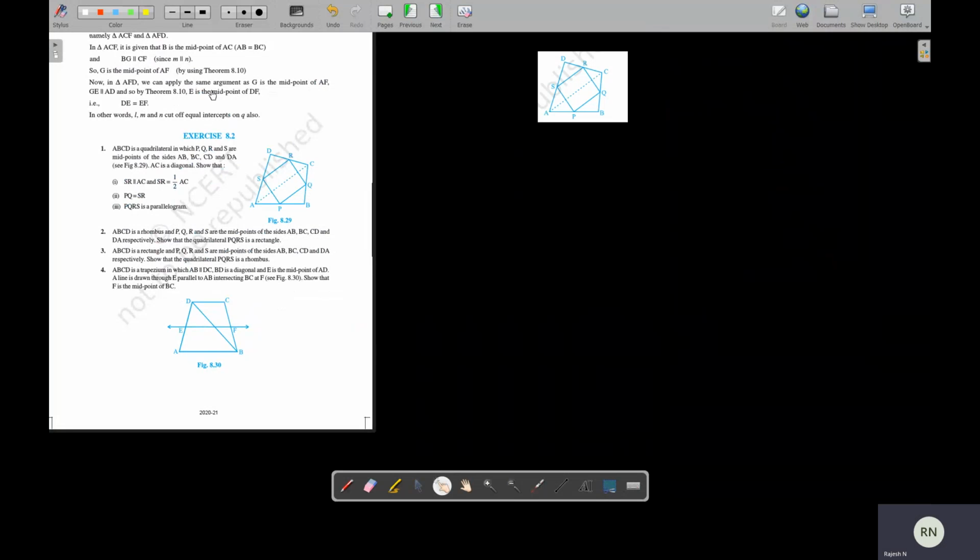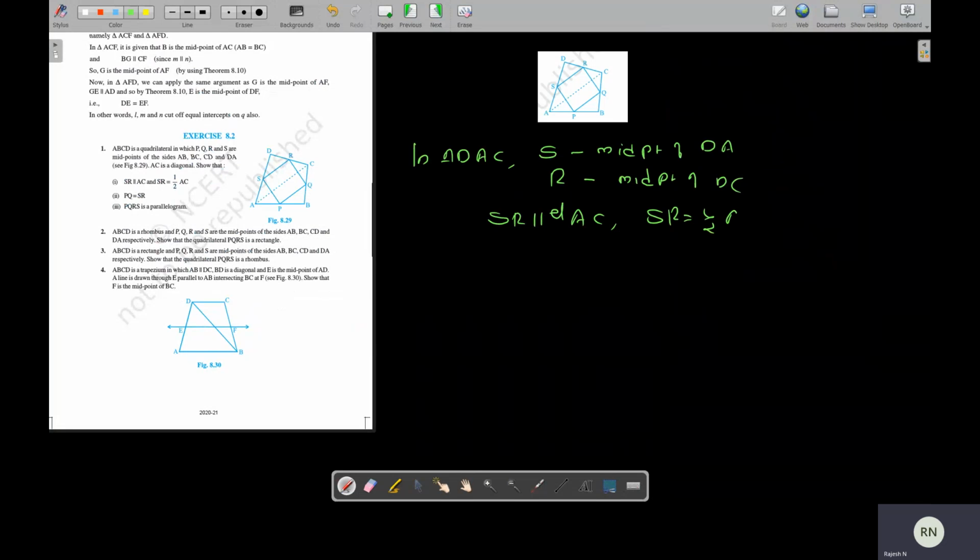You see here, in triangle DAC, S is the midpoint of DA and R is the midpoint of DC. Therefore, by the midpoint theorem, SR is parallel to AC and SR is half AC.